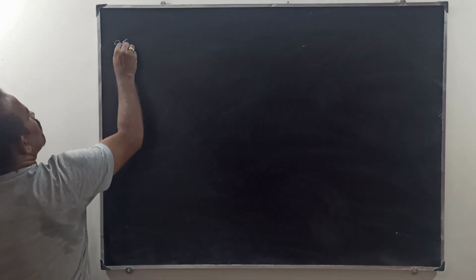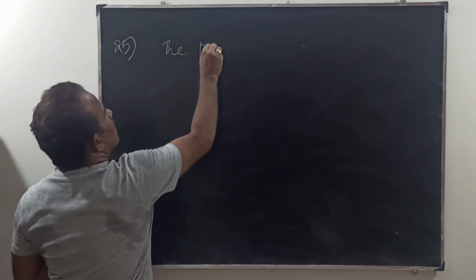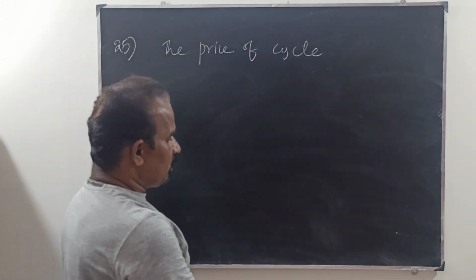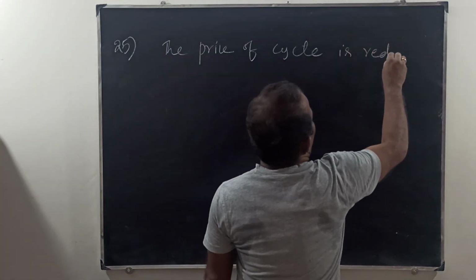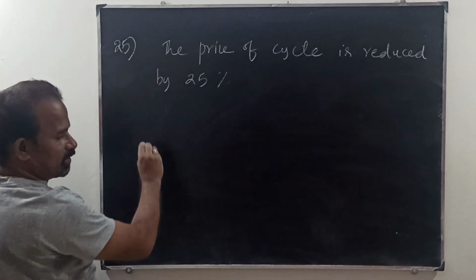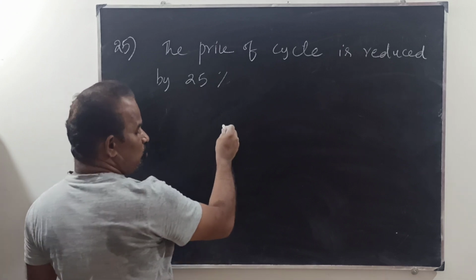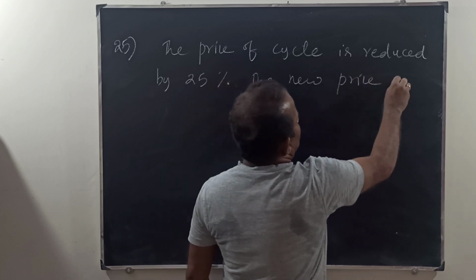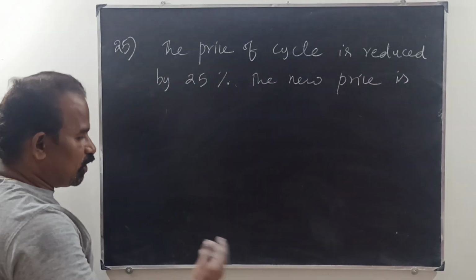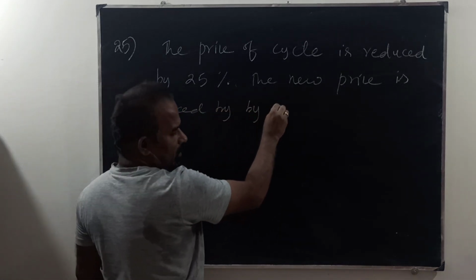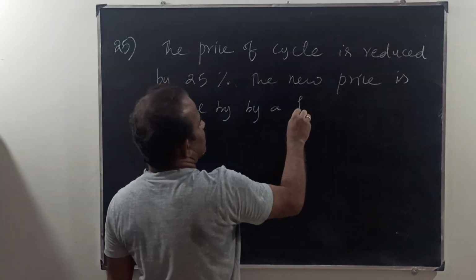Okay, first question is the price of a cycle is reduced by 25 percentage. The new price is reduced by a further 20%.